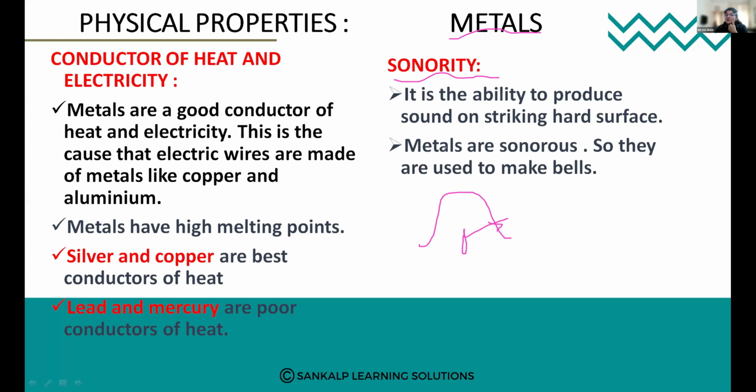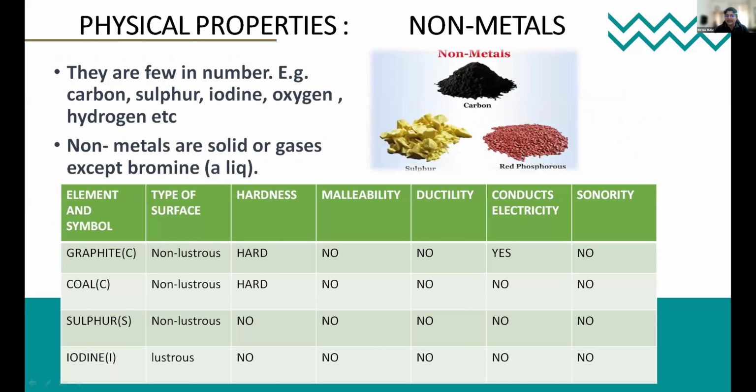So these metals are sonorous. Why? They have the ability to produce sound when you strike them. So the best example is the bell. Bells are sonorous, metals are sonorous, and because of this property bells are used. Fine. So we have seen six different properties.